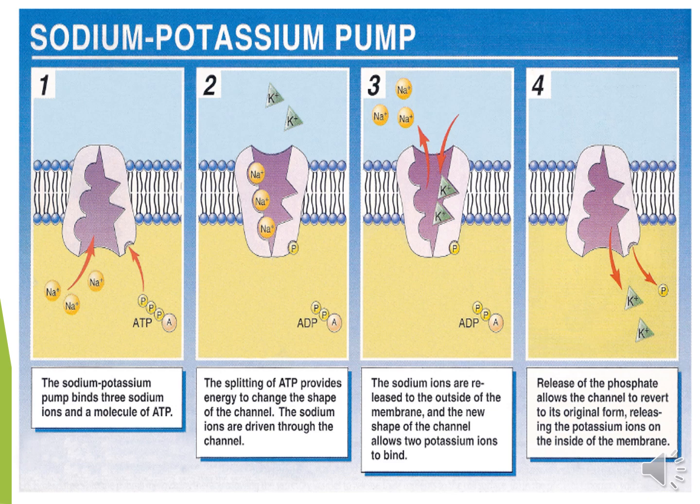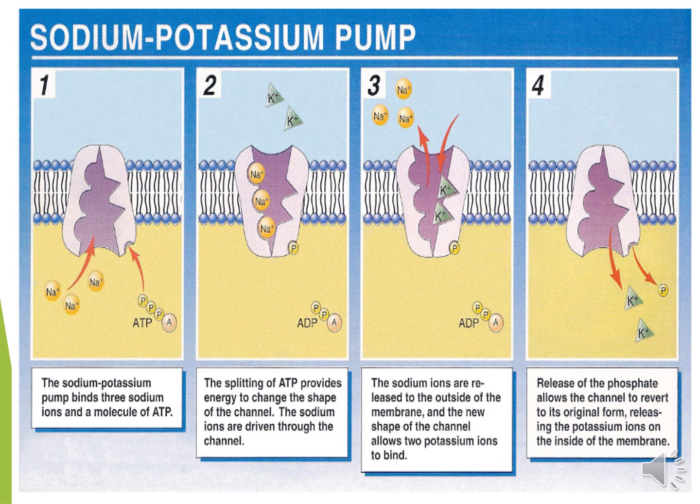When 3 sodiums go in one direction, 2 potassiums go in the other. In the first step of the diagram, the sodium potassium pump binds 3 sodium ions and a molecule of ATP. When the ATP is converted into ADP, the gate opens so that the sodium is excreted out. The splitting of ATP provides energy to change the shape of the channel, and the sodium ions are driven through the channel.